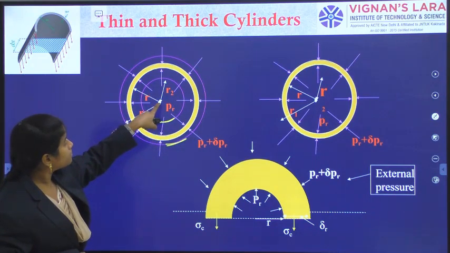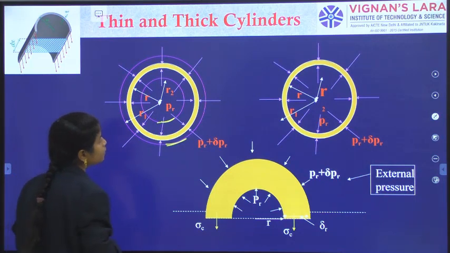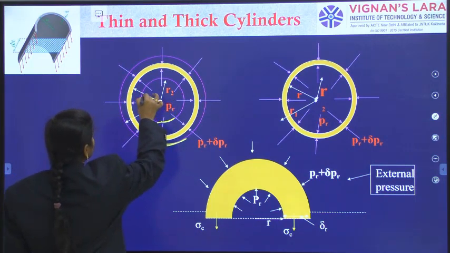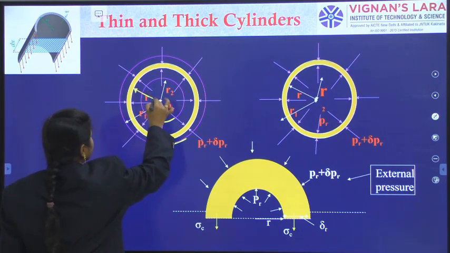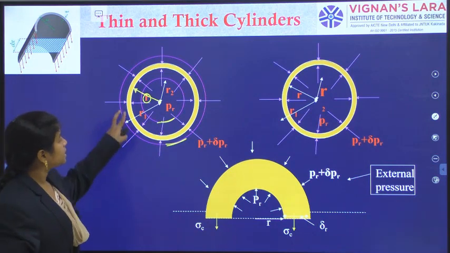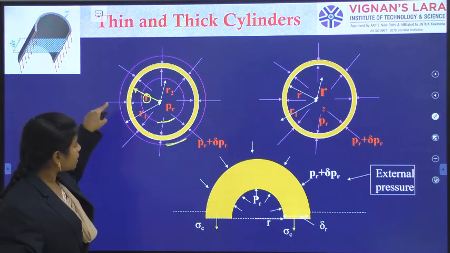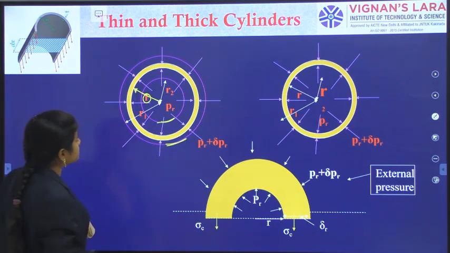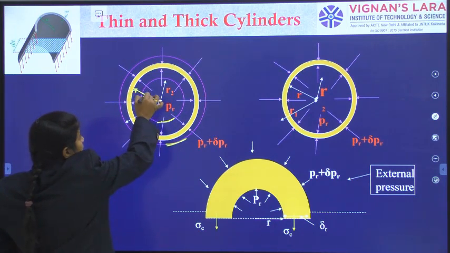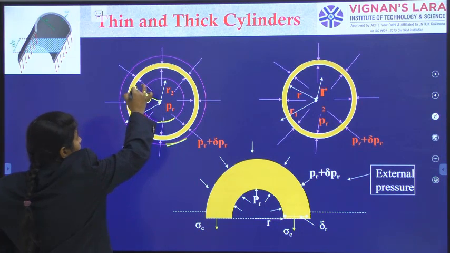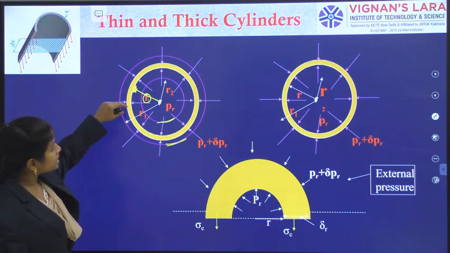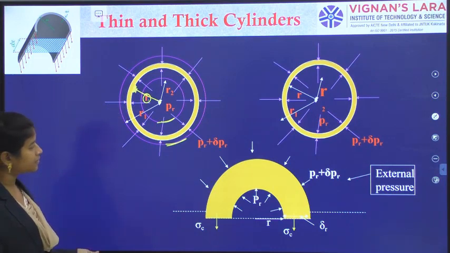From this point to this, I have a radius of r, and at this radius r, I am observing the internal pressure as PR, and the thickness of this is delta r.